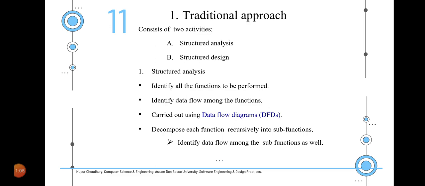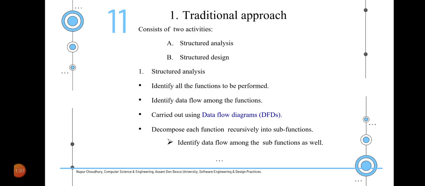And then we have to carry out the operations related to the functions and the data using the data flow diagrams. Now we have to decompose each of the functions recursively into subfunctions. So we have to go on decomposing the functions into subfunctions until the functions or the processes can no longer be decomposed, and identifying the data flow among the subfunctions as well.